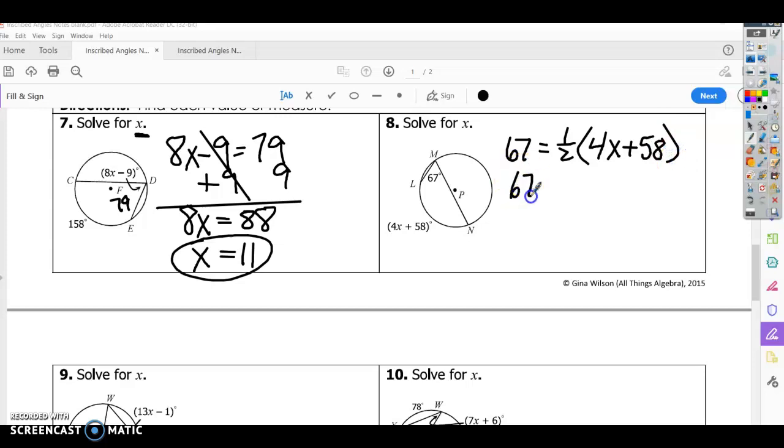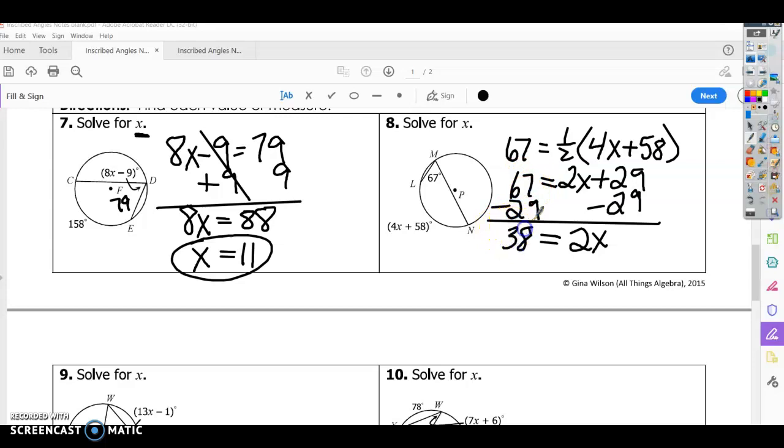So we go 67 equals, half of 4 is 2, so 2x, half of 58 is 29. Then I'm going to subtract 29 from both sides, and 2x equals 38. Divide by 2, x is equal to 19. All right, you can plug that in and see if that works for your equation.